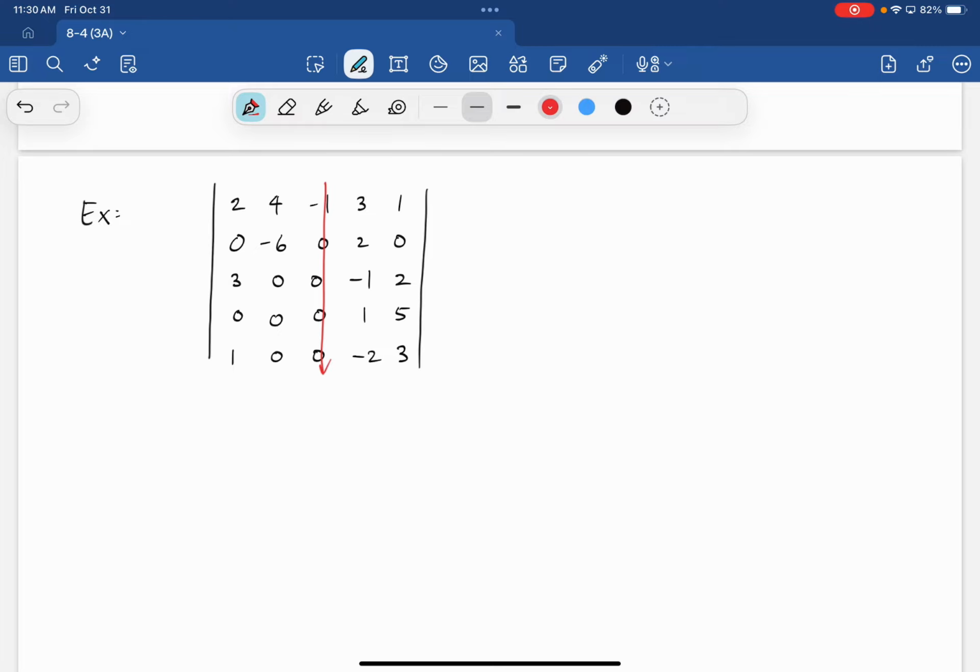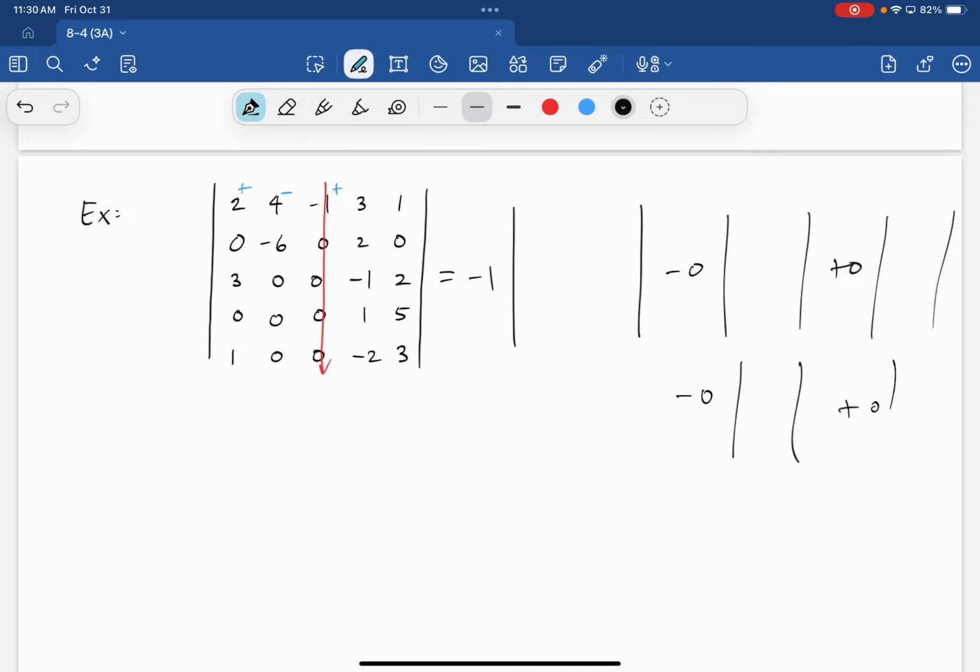So that's going to come out to -1, because we start with a plus here, plus minus plus. It's going to be -1 times some big determinant, minus 0 times some big determinant, plus 0 times something big, minus 0 times something big, plus 0 times something big. All of those cancel out, so we don't need to worry about those. Make sense?